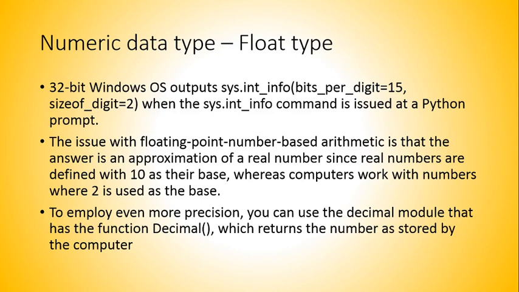This is a limited use of approximated values instead of the real number, since the maximum number allocation is up to 1.2, meaning the maximum is up to 10 raised to 308. So to employ even more precision, we are using the decimal module, which is used by the Python system, which returns the number as it's stored by the computer.